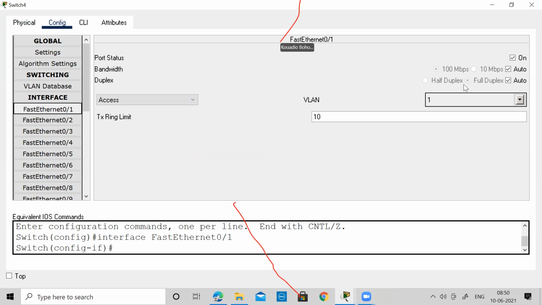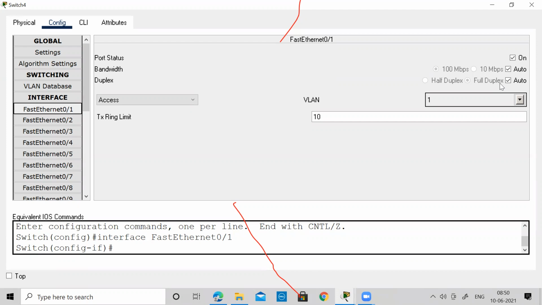I see the duplex information as half duplex, full duplex, and auto. When we say it is auto, the devices are going to synchronize themselves. They will understand whether the opposite end of the device is in half duplex mode or full duplex mode.